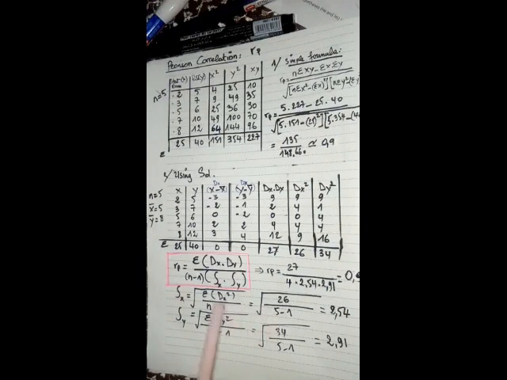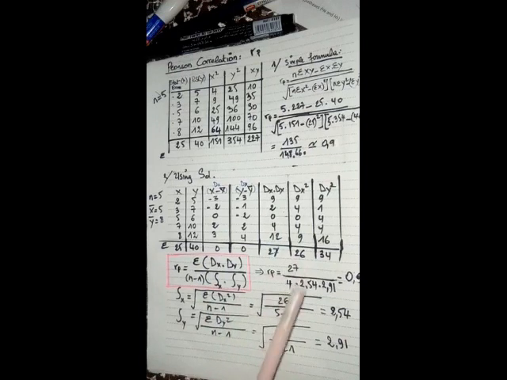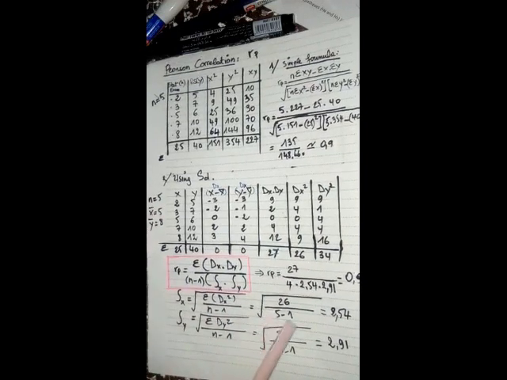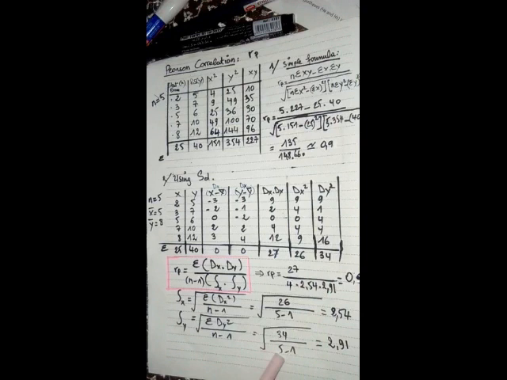Okay, let's do it. So the sum of dx squared is 26 divided by 5 minus 1. Remember, n is 5, and you will have 2.54. Now, the standard deviation of y is 34 divided by 4, and the square root, you will find 2.91. Take these two, put them in here, and we'll have this. We said that it's the sum of dx times dy.